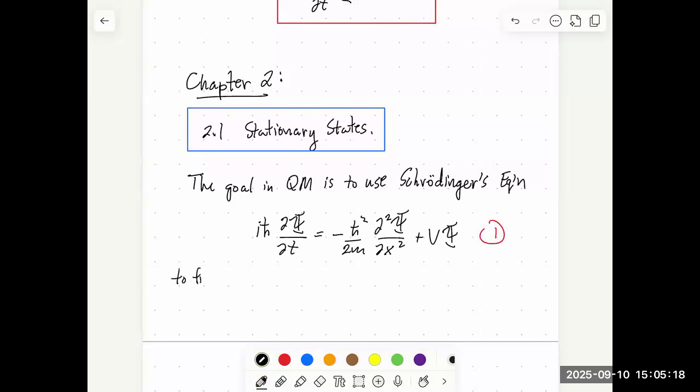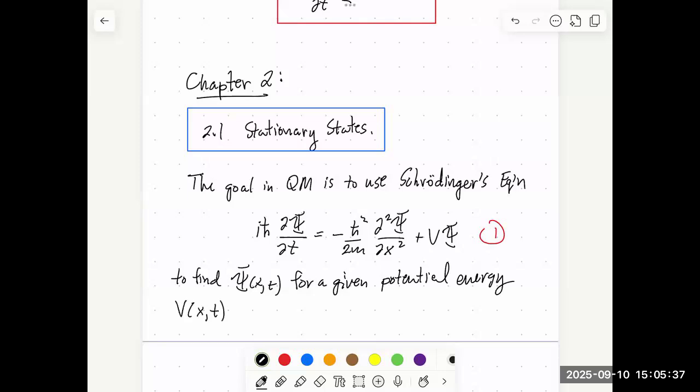To find Φ of x, t for a given potential energy. In general, that potential energy could be a function of position and time. It might be evolving in time. And when that's the case, that's a beast of a problem. So we're going to look for some simplifications.